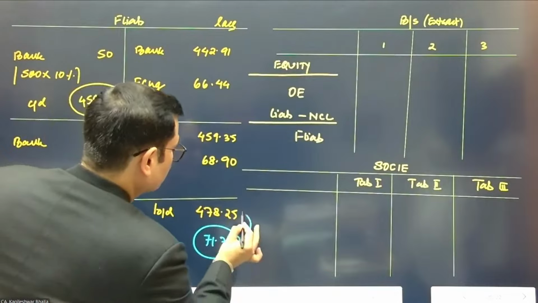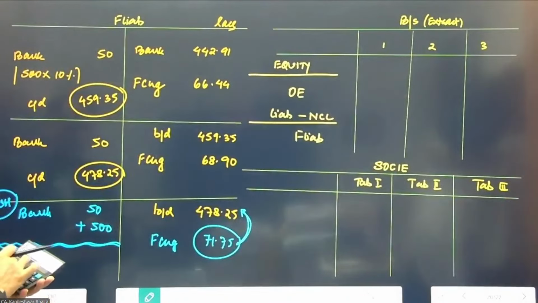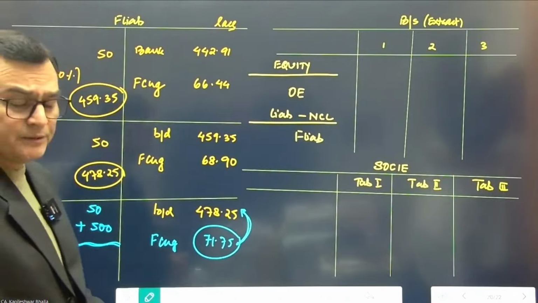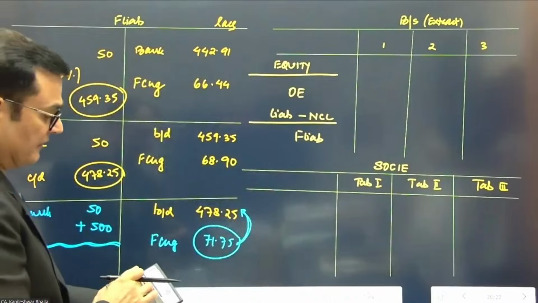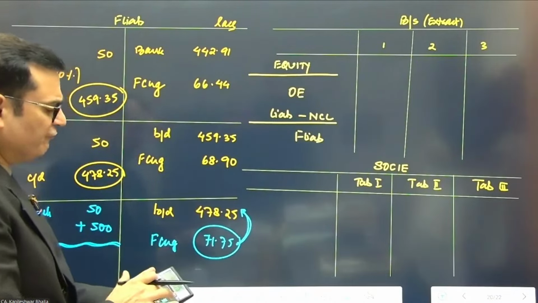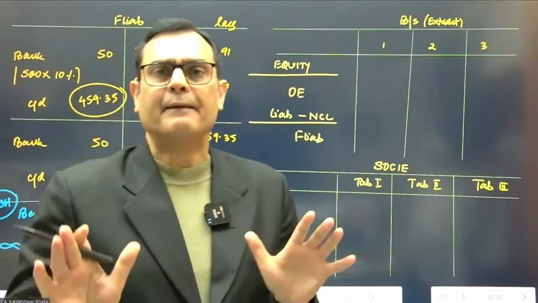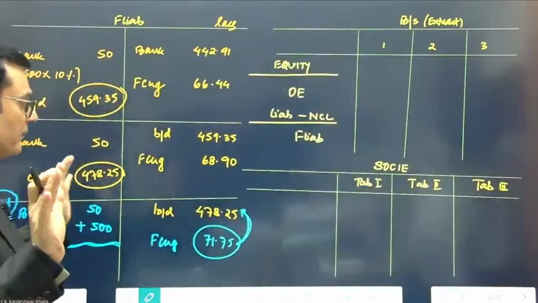And if you calculate, this should be approximately 15%. Yes, it is approximately coming to 15%. If you consider 15% on 478.25, it's coming to 71.74, which is approximately absolutely the same. So this is one part of the ledger.